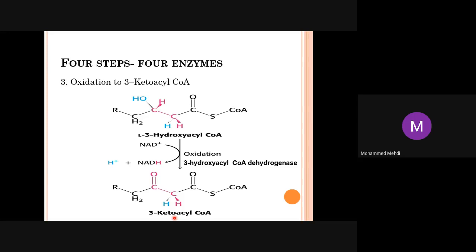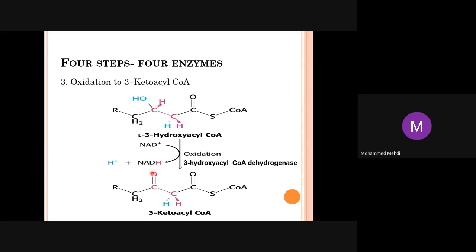The third reaction is the second oxidation into 3-ketoacyl-CoA. Carbon number 3 only will be oxidized. The 2 hydrogen atoms will be removed, and electron will be lost. When this carbon is oxidized, we have this carboxyl group formation.